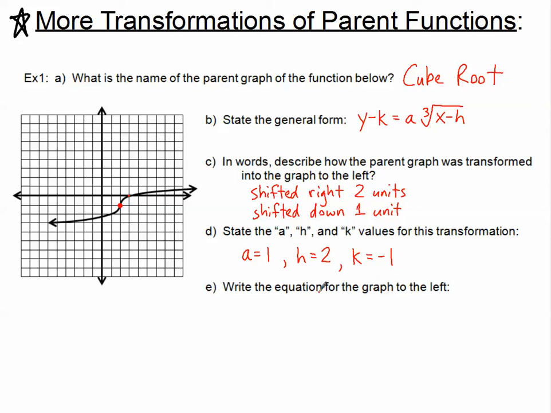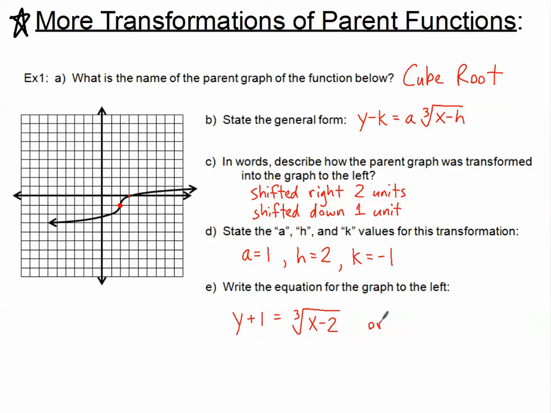Now when we want to write the equation of this graph, we know all of the numbers that need to go in here. So I'm going to say y, since k is a negative 1, this will become plus 1, is equal to a, which is just a 1, so I'm not actually going to even put that. I'll put the cube root. Since h is 2, this becomes x minus 2.